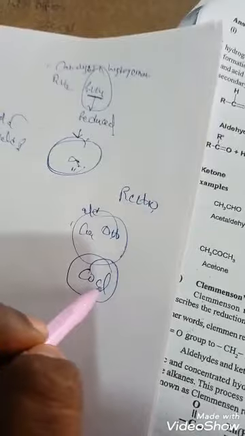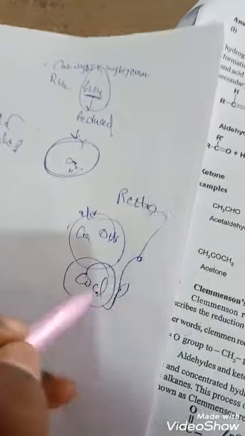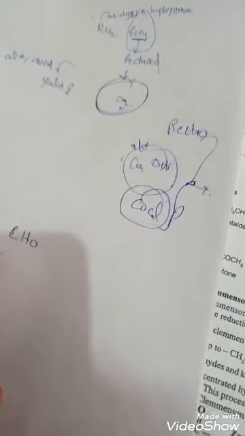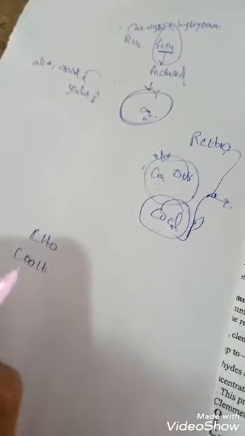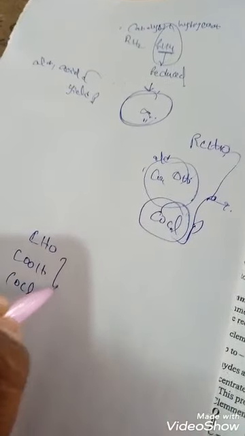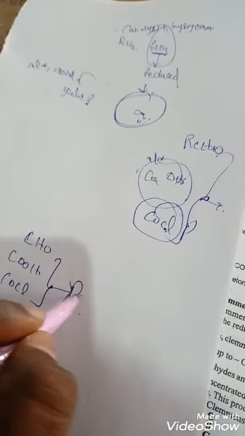The CHO group, COOH group, and COCl group all belong to primary alcohols.